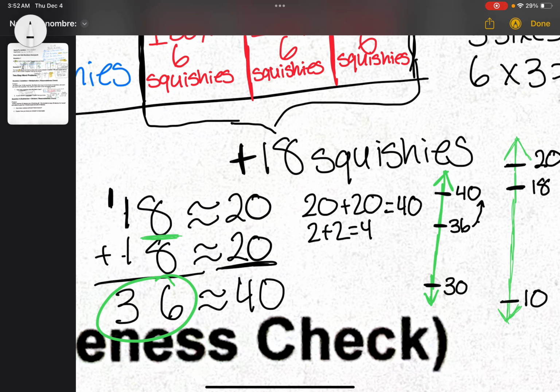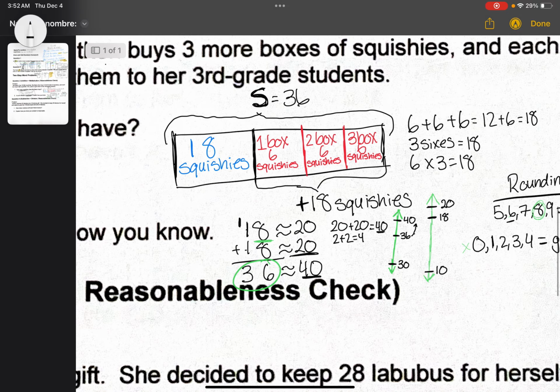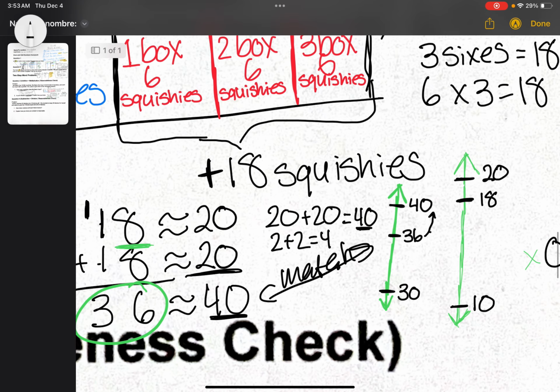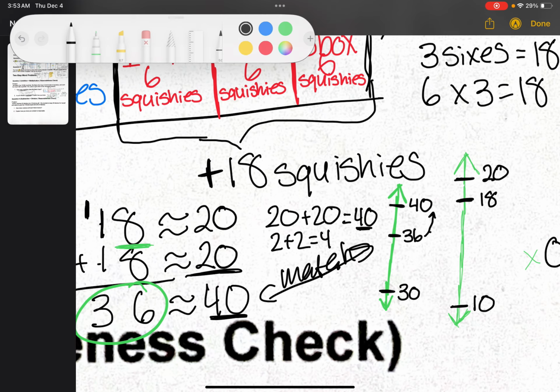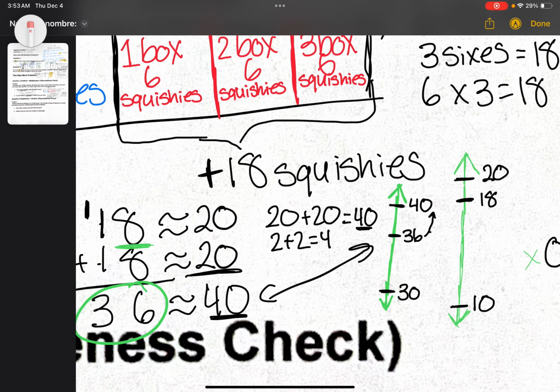Now, we have 40 with our rounded answer, and when we round 36, we also get 40. And guess what? They match. Oh my God. Yay, they match. So because they match, that means it's reasonable.